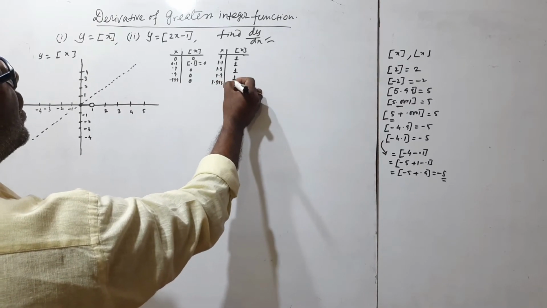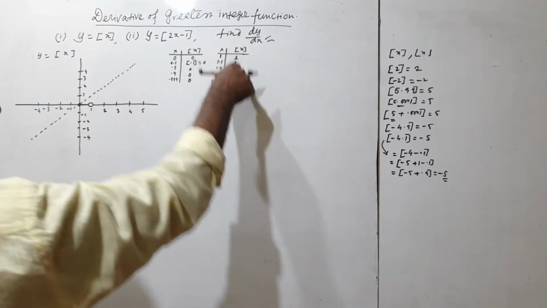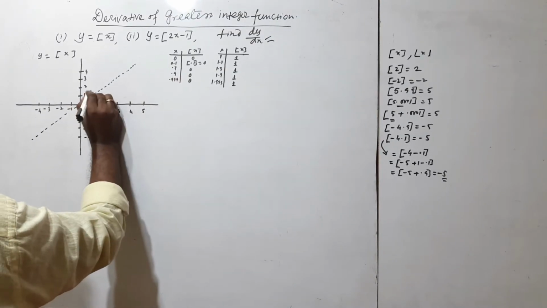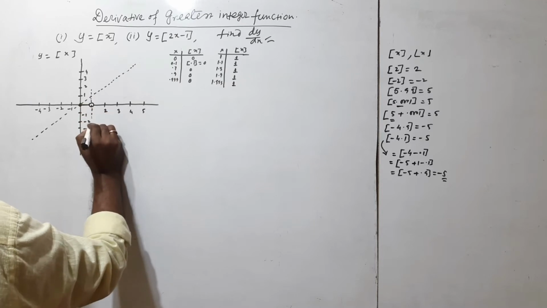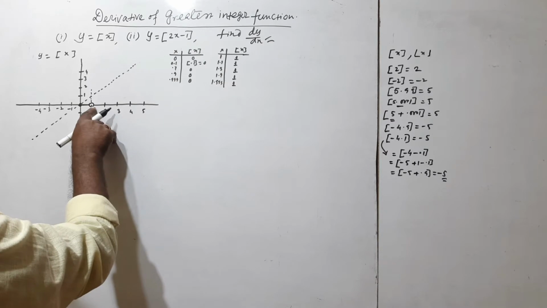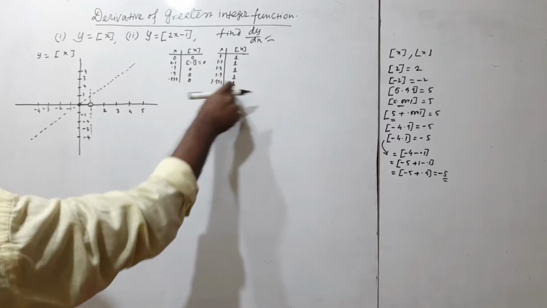For 1.999, again 1. So the value of y is 1 from 1 up to 1.99 something.